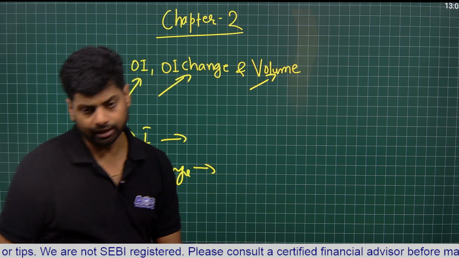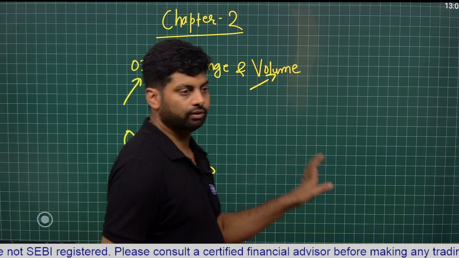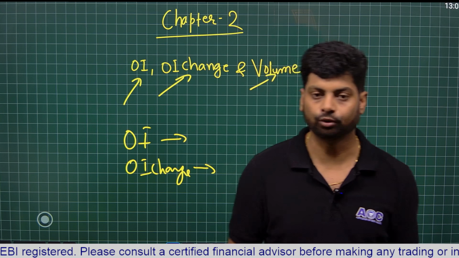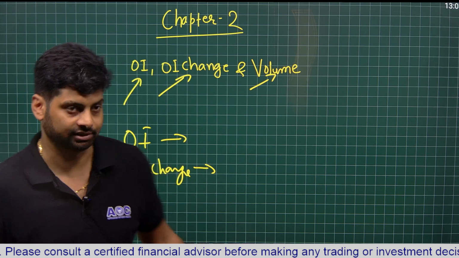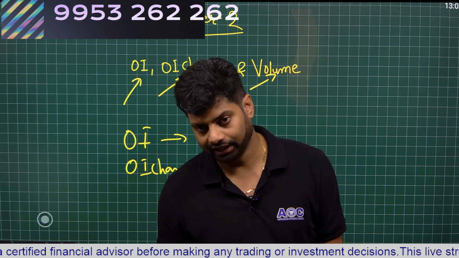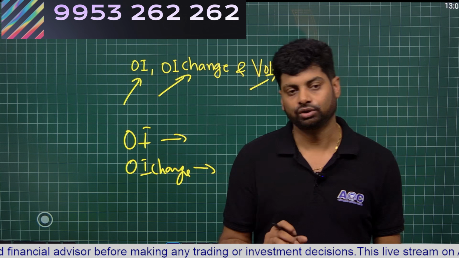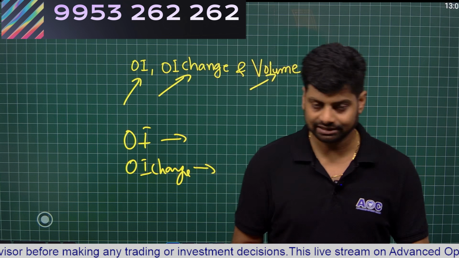There are minor differences between OI and OI change. OI is the overall sum of open contracts in the market for that strike price, whereas OI change is the total sum of open contracts in a particular trading session.